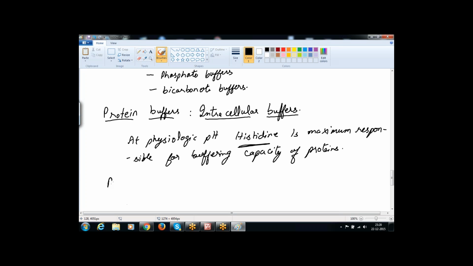Then is phosphate buffer. Nothing much important about phosphate buffer. All you have to know is that it is also intracellular, so it will not have impact on the whole body, just one cell. And it is functional in blood cells and kidney tubules.